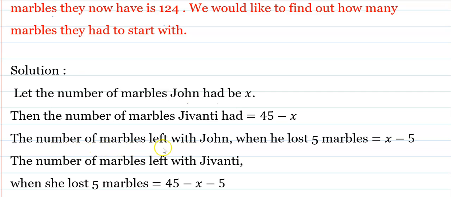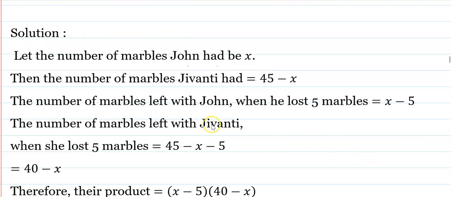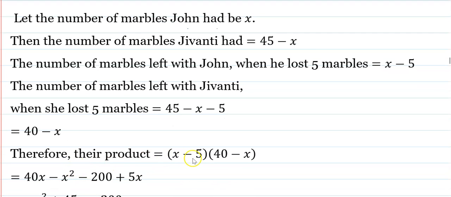The number of marbles left with John when he lost 5 marbles is nothing but x minus 5. And Jivanti has 45 minus x minus 5. 45 minus 5 is 40 minus x. And next, after they lost, their product is x minus 5 into 40 minus x.